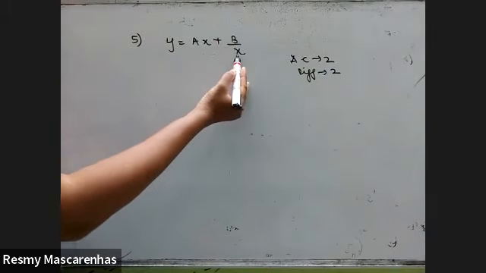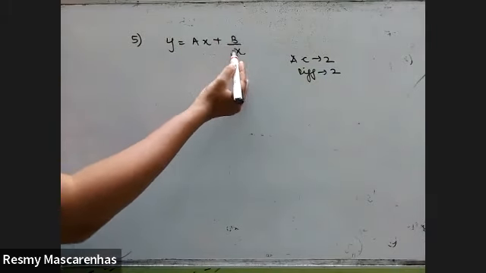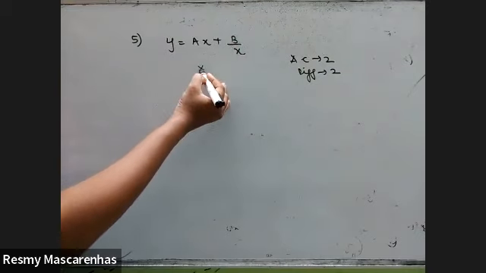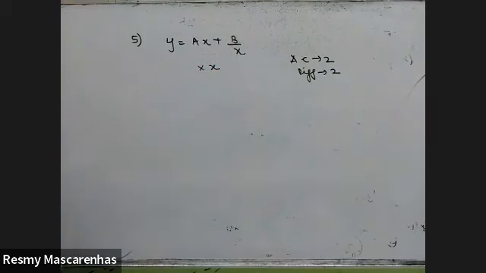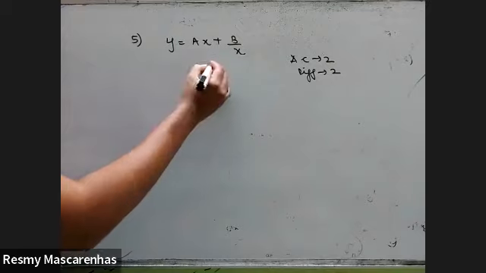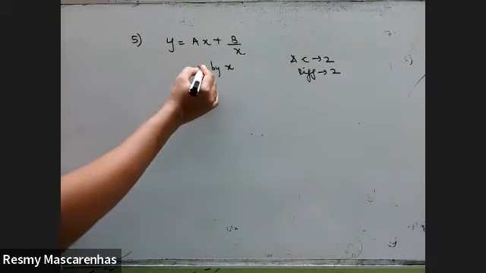And if it's there along with x, it will never become 0. So I'll try to get rid of this. So I'll multiply throughout by x. Multiply the equation throughout by x. This will be xy, ax square, there will come b.